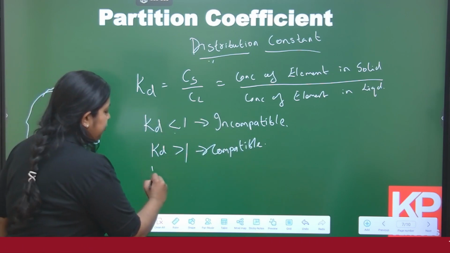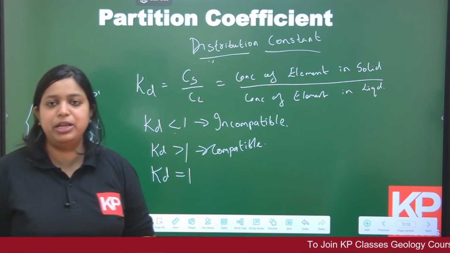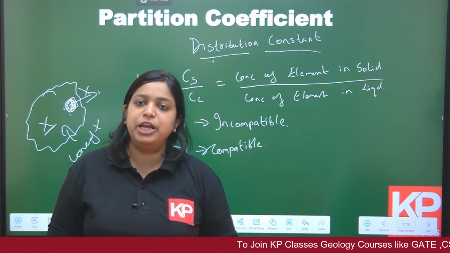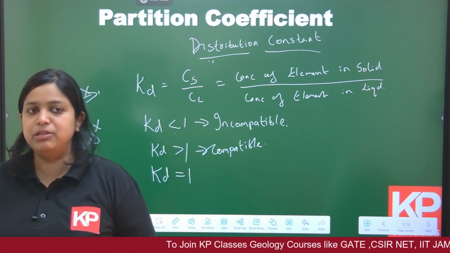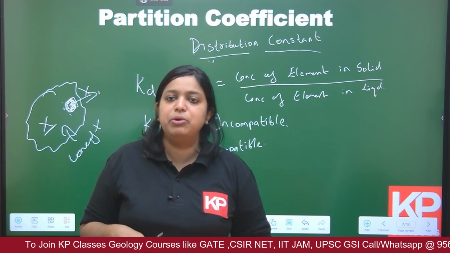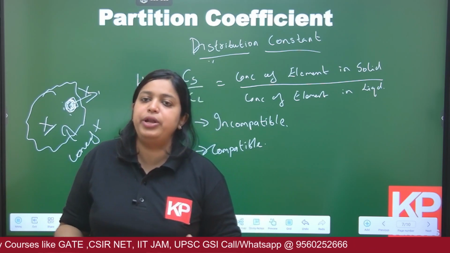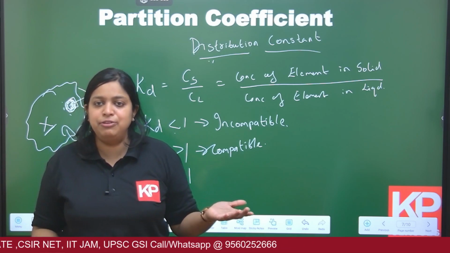And if the KD value of an element comes as 1 in a particular mineral, that means it is neither compatible nor incompatible. It behaves the same with the liquid and the solid phase.